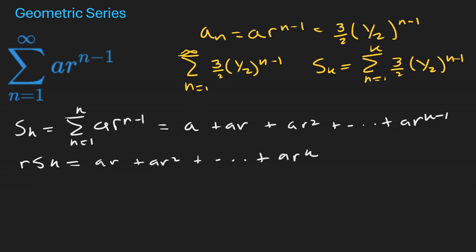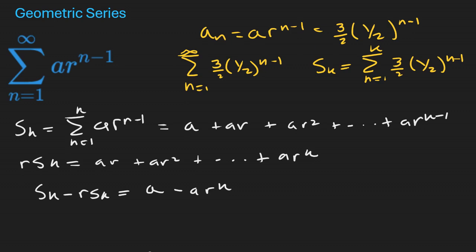But notice that if you take the difference of the two, s sub k minus r times s sub k, this would basically give you a minus a r to the k.